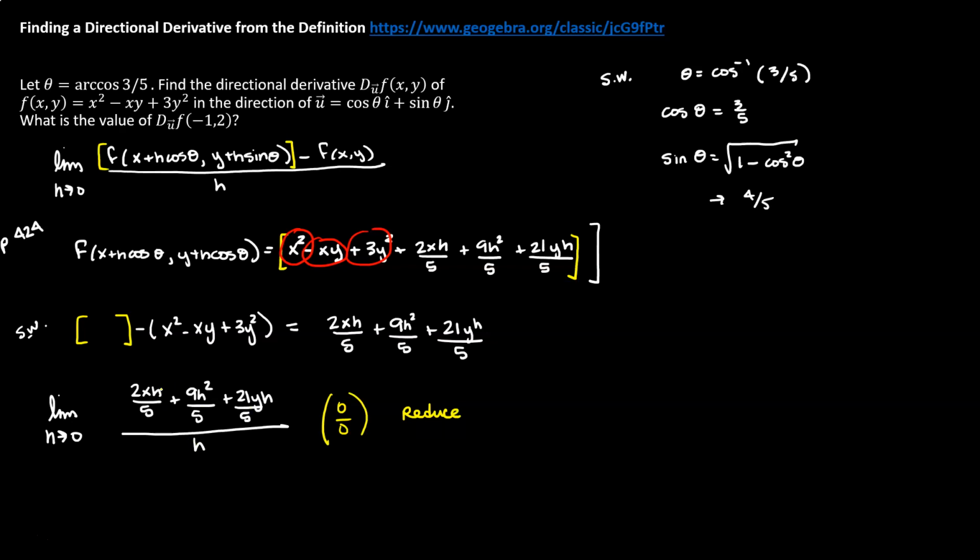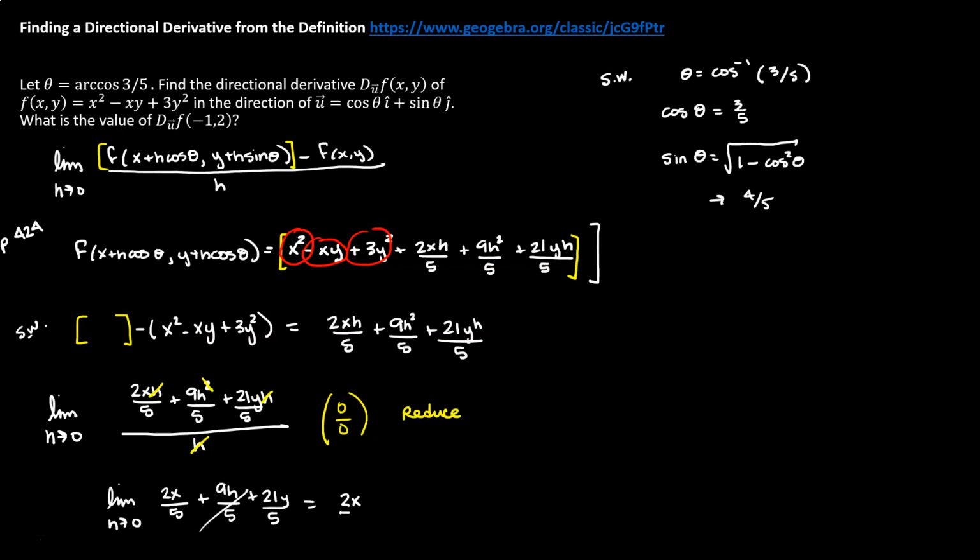Every term in the numerator has an h, so we'll take off one factor of h from each term. That simplifies down so that our limit, as h goes to 0, looks like 2x over 5 plus 9h over 5 plus 21y over 5. If we let h go to 0, this middle term goes to 0 since it has an h left.